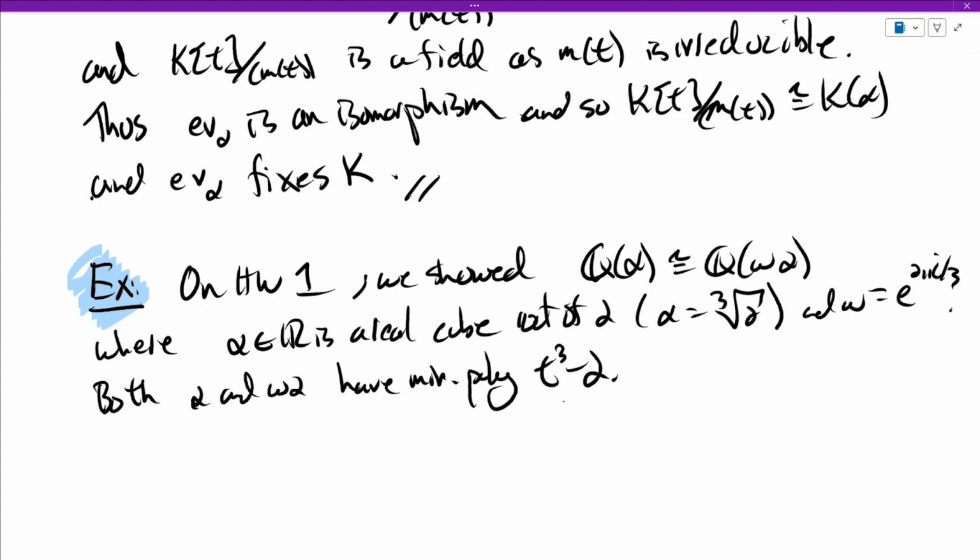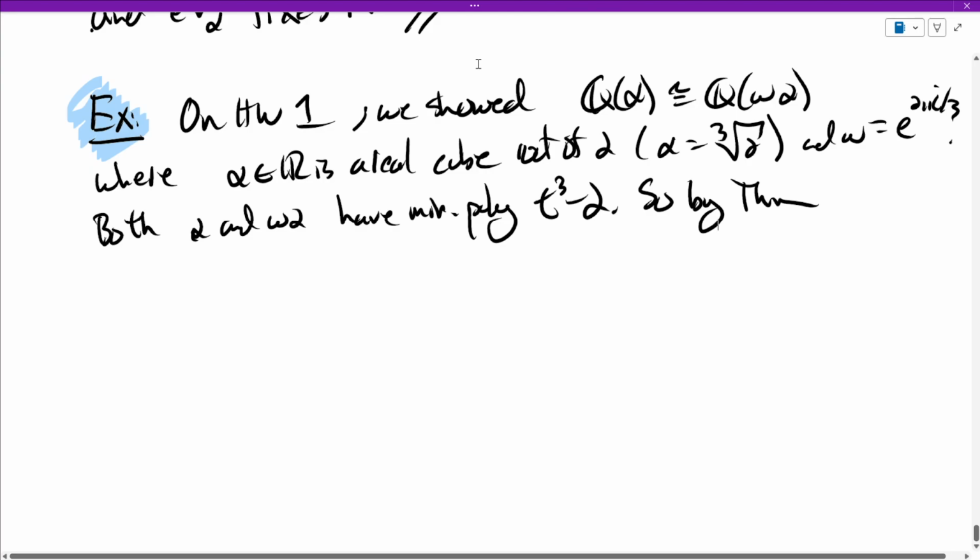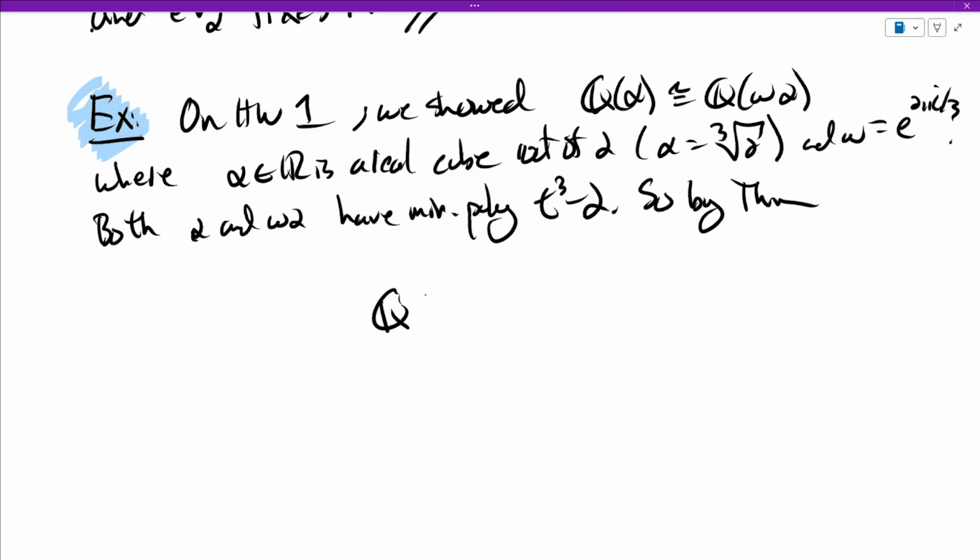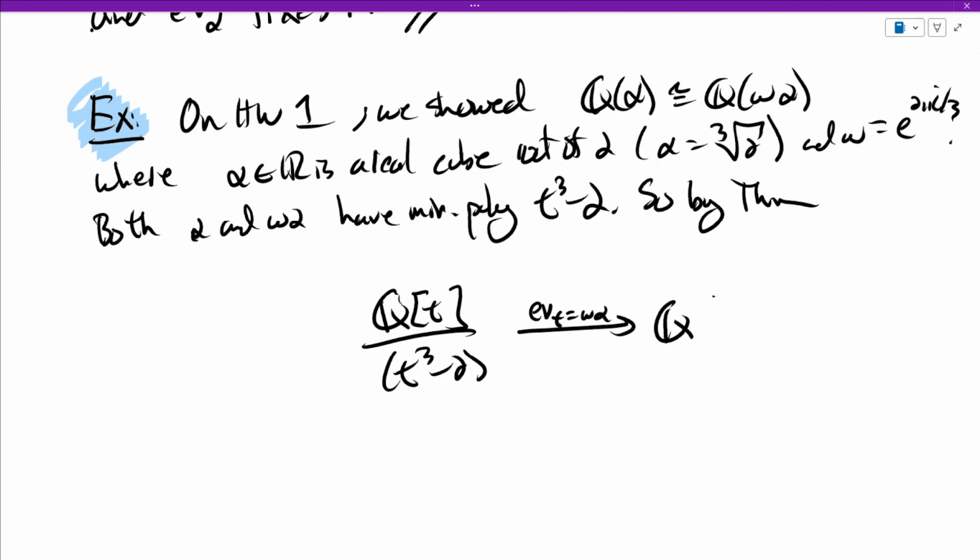That's all we need. So by the theorem, we have two homomorphisms. We have Q adjoin t mod t cubed minus 2, and a function this way, which is evaluate t at omega alpha. And by the theorem, this is an isomorphism.